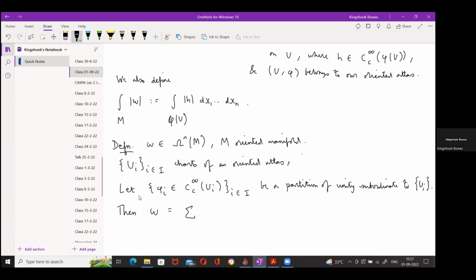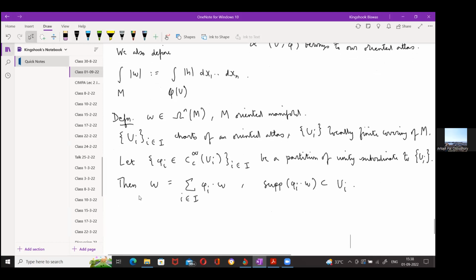I assume that U_i is a locally finite covering of M. I need this for a partition of unity. So then omega I can write as the summation of phi_i times omega, and the support of phi_i times omega is contained inside U_i. So for this, the integral is well defined.